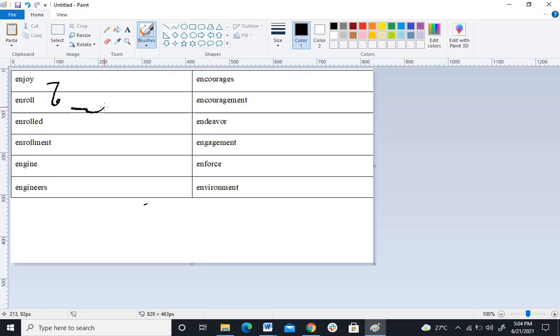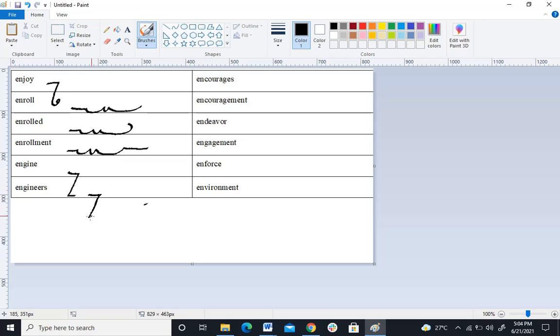N, rolled. Don't forget your D. Enrollment. So, N, roll, meant. Engine. We have N, J, N, engine. Engineers. So, we have in, gin, nears.